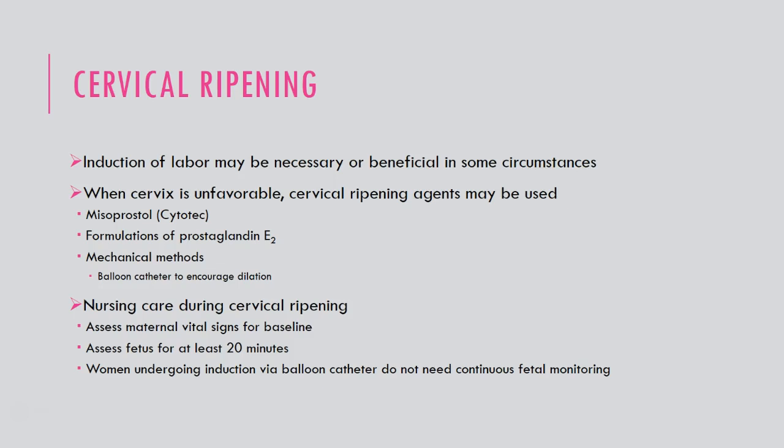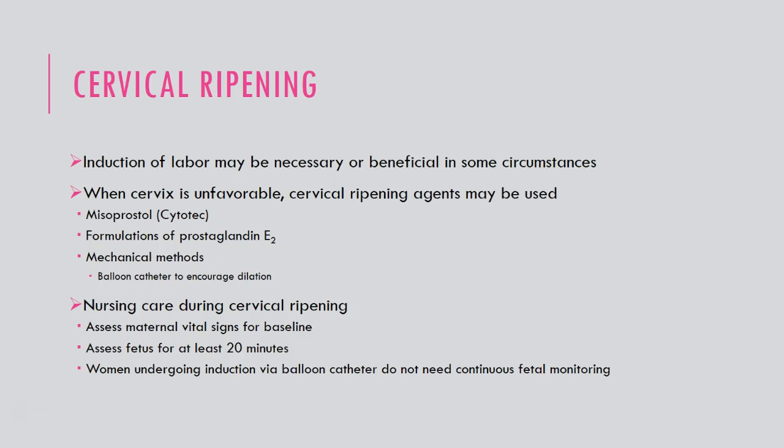Nursing care during cervical ripening is monitoring the vital signs, getting a baseline for what those are, and then continually monitoring them throughout the cervical ripening process, and then assessing the fetus for at least 20 minutes, and really probably continually if we have inserted something, especially something like Cytotec.